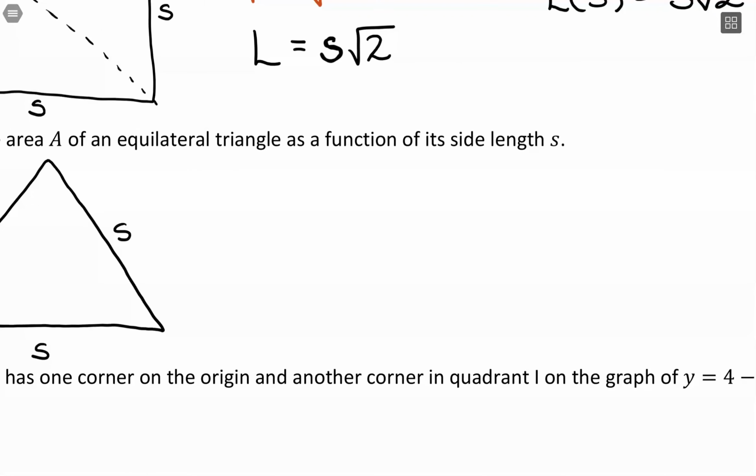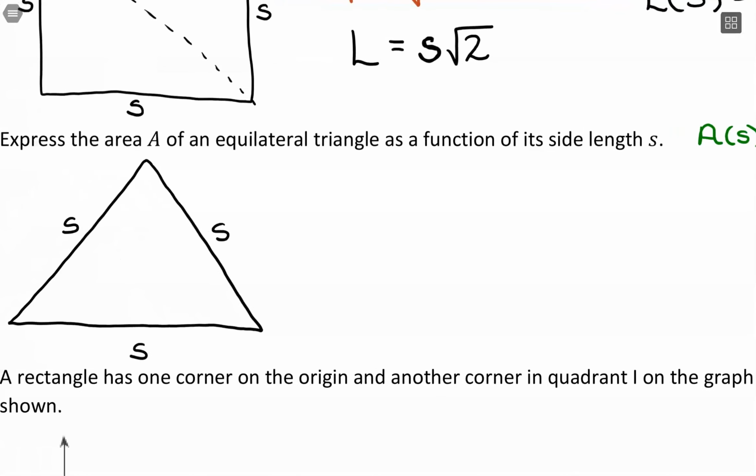So we want to find this function that calculates area given side length, this A of S. The area of a triangle: area equals 1/2 times the base times the height. So what we're going to need is the height here, which goes from the vertex and creates a perpendicular with the other side. That would be our height.